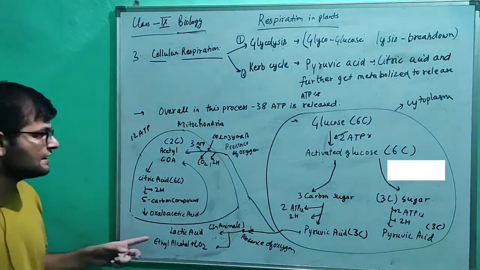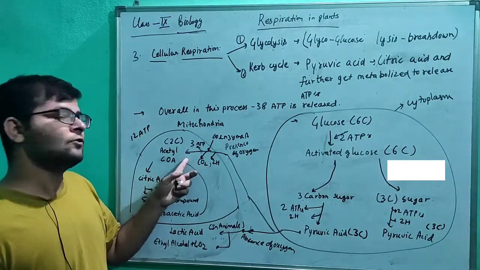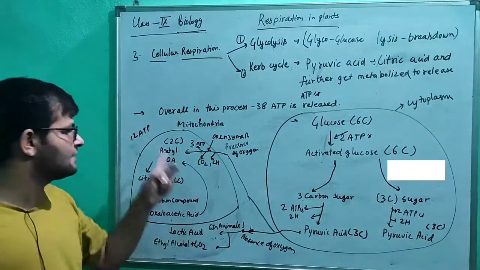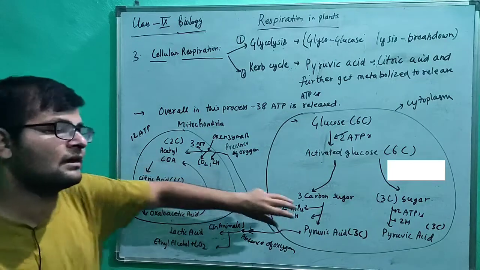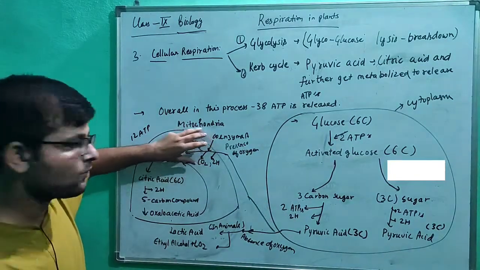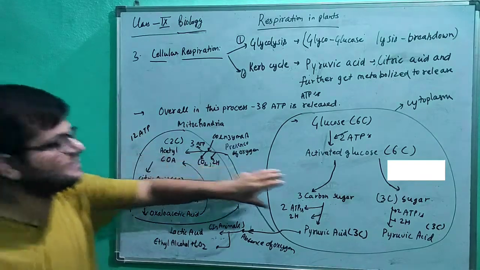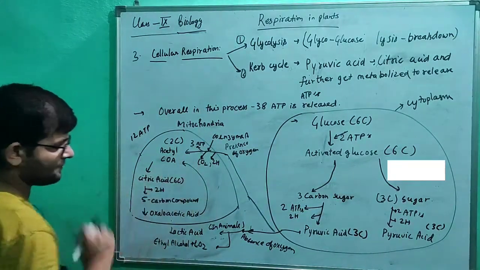The oxaloacetic acid will get combined here, will move towards acetyl coenzyme A, and the process continues. So pyruvic acid will come here only in mitochondria, and that process will start from here. This is glycolysis and this is Krebs cycle.